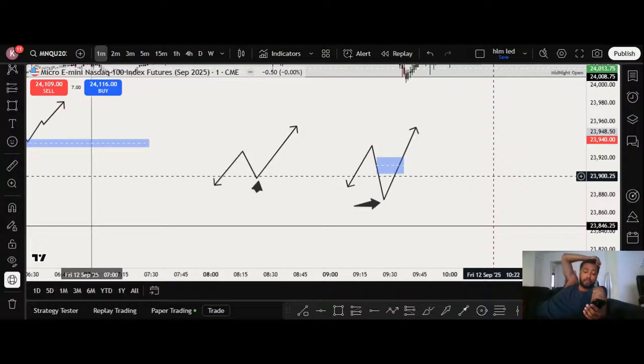But yes, fibs work. They can work for entries, but I don't use them for entries. I do know what the OTE is, I just don't use it.